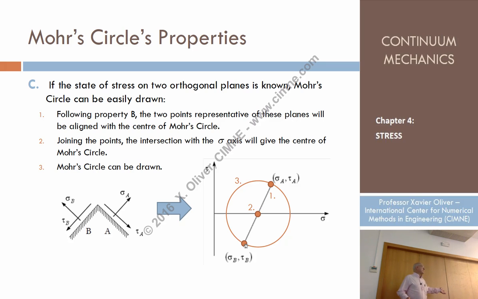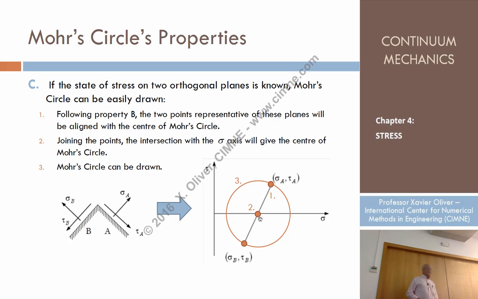Well, the geometric construction is trivial. By virtue of the previous property, these two points will be aligned with the center of the Mohr circle. So by tracing a straight line joining these two points, the intersection of this straight line with the sigma axis will provide the center of the Mohr circle.